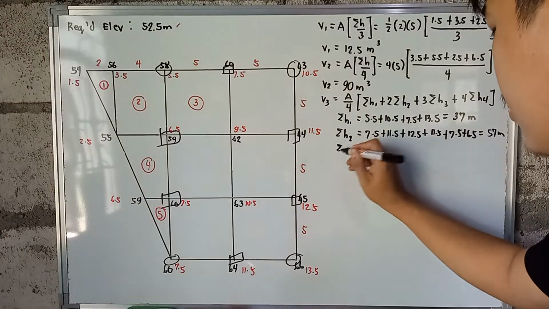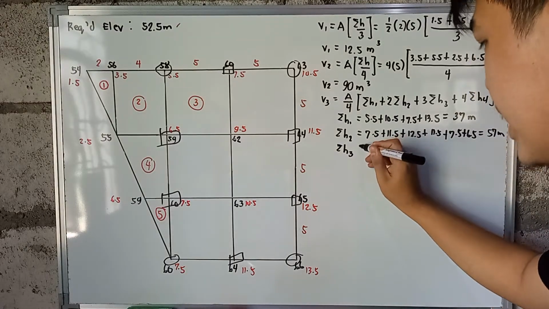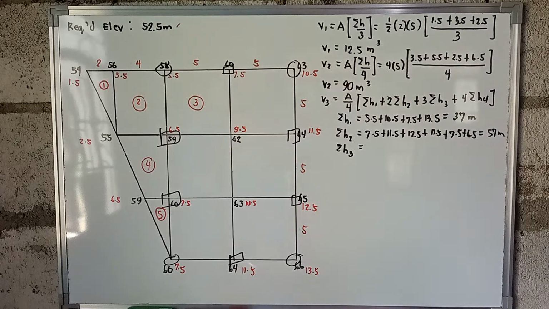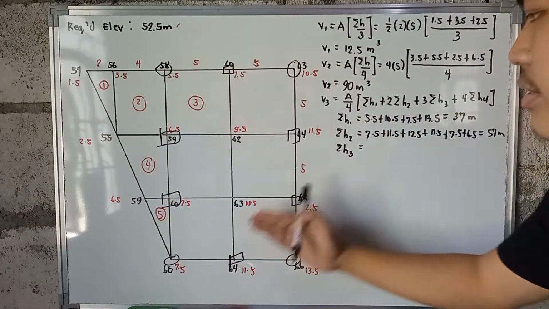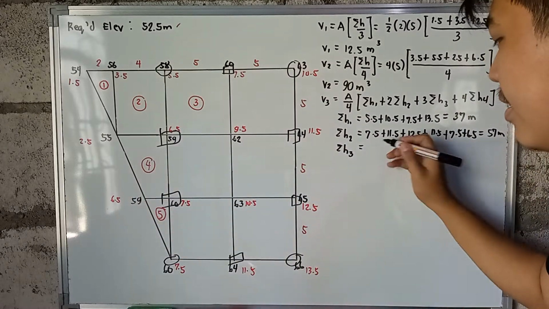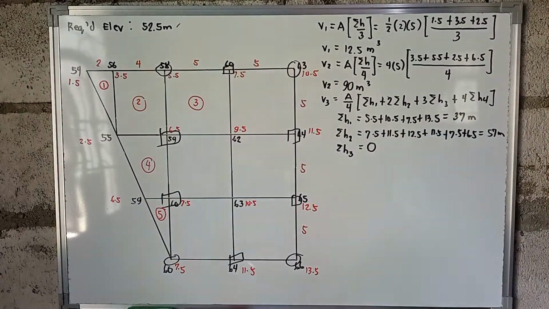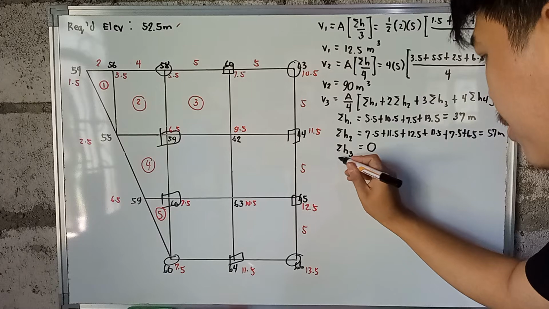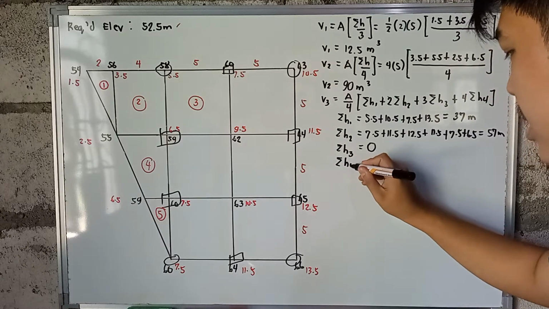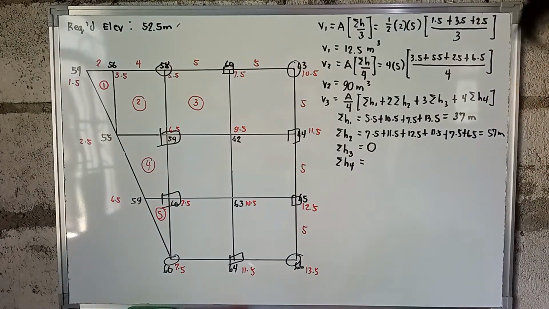So, let's now solve for the summation H3. Kapag sinabi nating H sub 3, common siya sa tatlong prism na merong common base. So, here in our illustration, walang H sub 3. So, next, let's solve for summation of H sub 4. So, kapag sinabi natin H sub 4, common siya sa apat na prism having the same base.